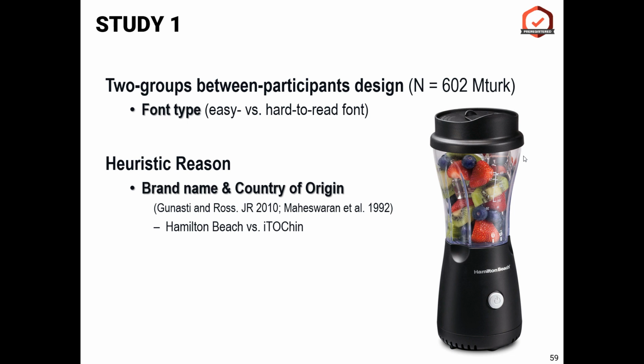In this study, I used brand name and country of origin as a heuristic cue, as you can see, for example, on the image. I used Hamilton Beach versus Itachin, and I used a font to manipulate disfluency. Participants were randomly assigned to two different conditions of disfluency.